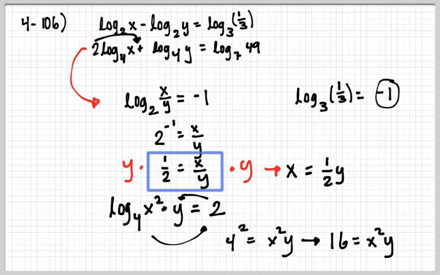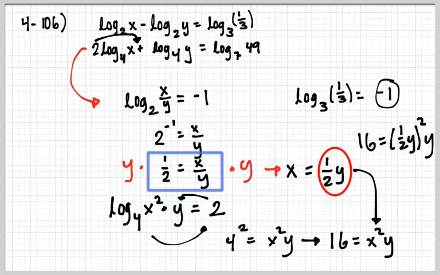Now we can take this 1/2 y and substitute it in for x. Then we get 16 equals (1/2 y) squared times y, which gives us 16 equals 1/4 y to the 3rd.